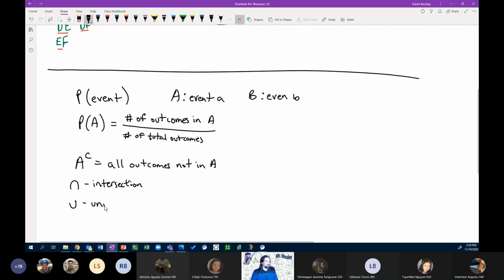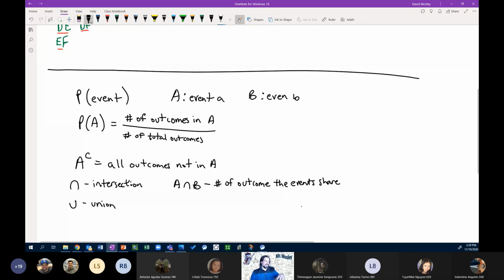And union. So when I'm looking at A and B, this wants to know essentially the number of outcomes the events share.